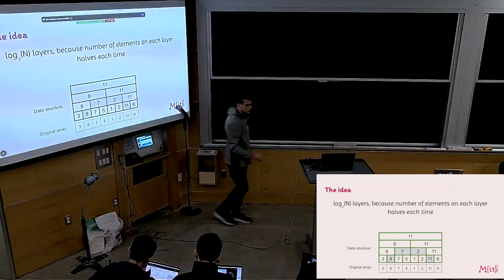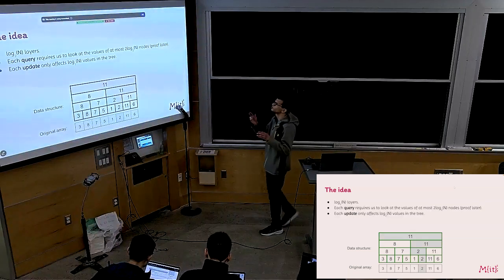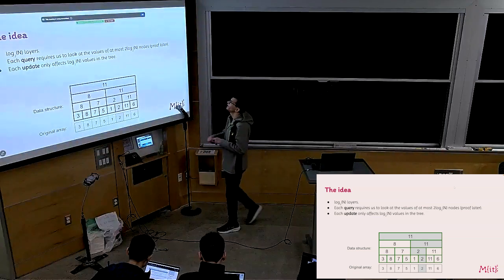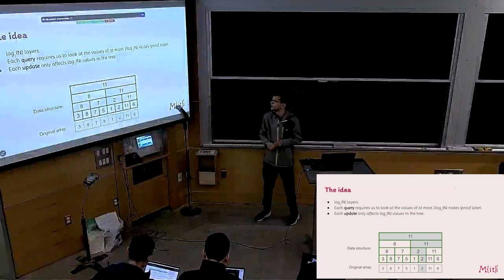So since there are log n layers, and we look at most 2 values each time, we have to look at most 2 times log base 2 of n nodes in total.